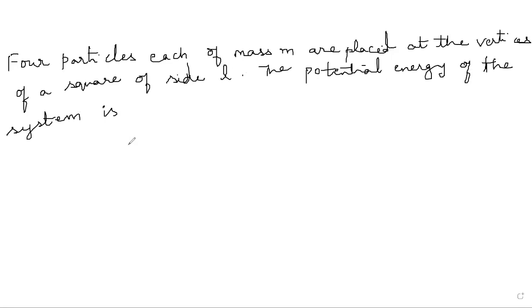So first we'll understand the problem directly. I will start with the problem. So we have the diagram. Let us consider the diagram, the square. Okay, we have the square.